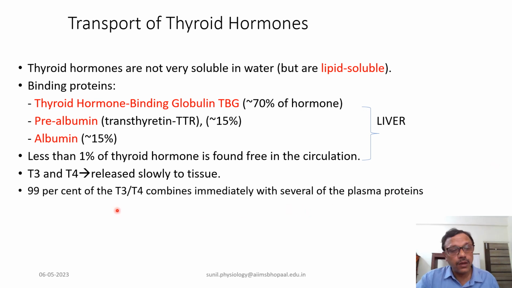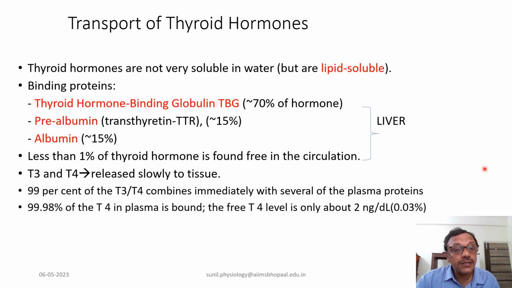So 99% of the T3 and T4 combine immediately with several of the plasma proteins that we have just studied. 99.98% of the T4 in plasma is bound, and the free T4 level is only about 2 nanograms per deciliter. That's equivalent to only 0.03% of the T4 that is produced.